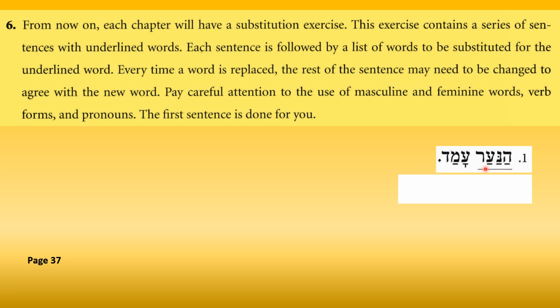We'll do it through here. So here you see the sample sentence, Hana'ar Amad. The first thing you want to do is to translate that sentence. So the young man, Hana'ar, stood.